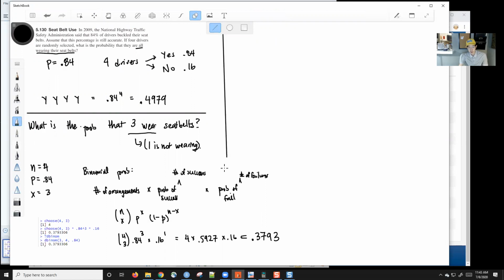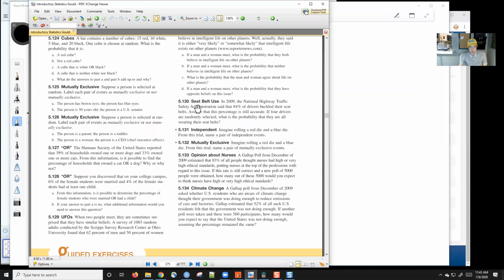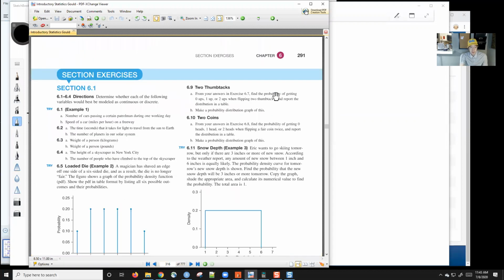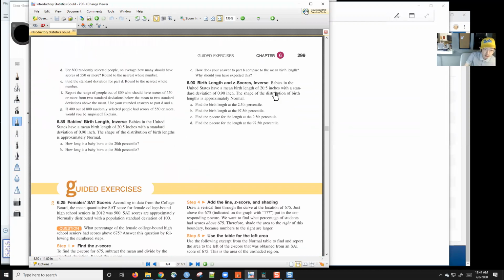So we can do another problem here. Let's try another problem. We'll skip ahead to chapter 6. Let's try some of these problems here.